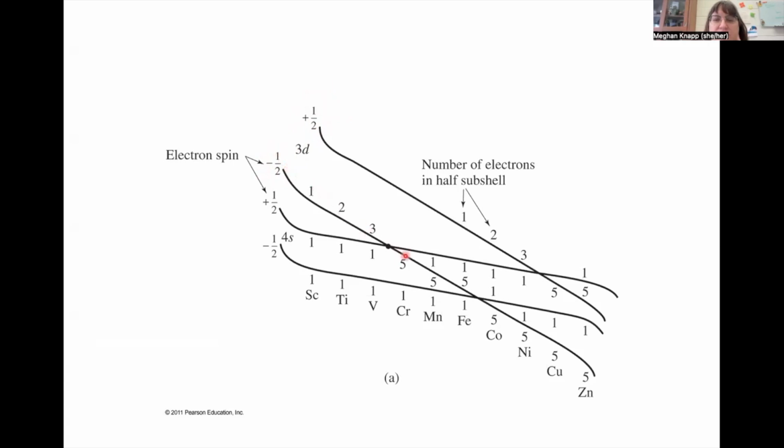All of those are the same energy level, but if I pair them up, having another electron in that same orbital is going to be a little bit higher energy. So flipping the spin and putting it a little bit higher up is higher energy. So rather than putting two electrons on the same line, they're saying there's actually a line down here for the first electron and a little bit higher up for the second electron.